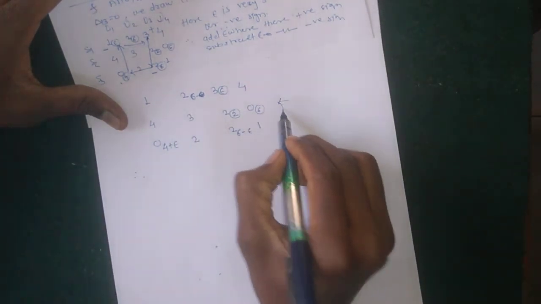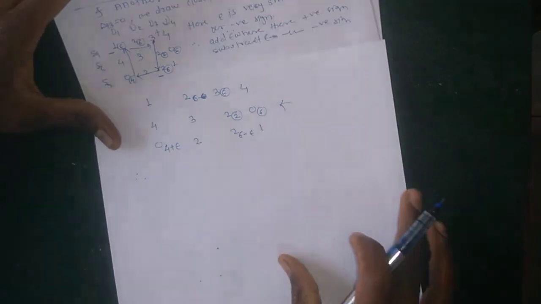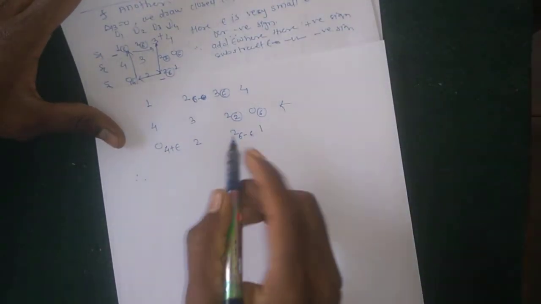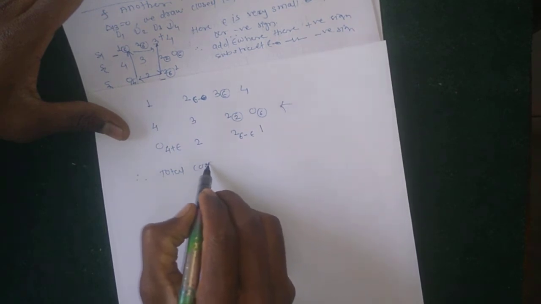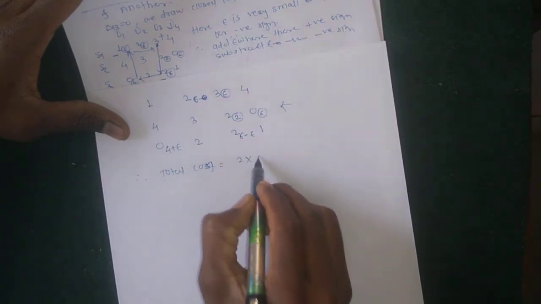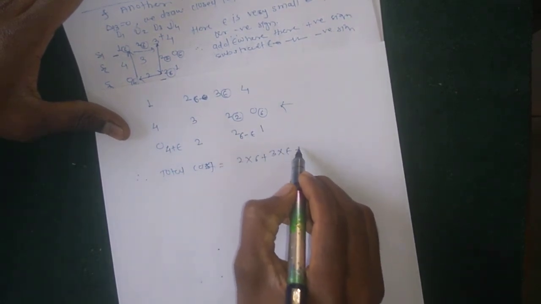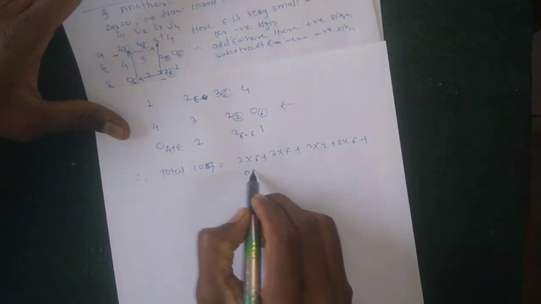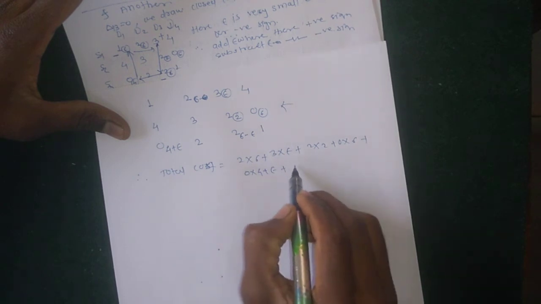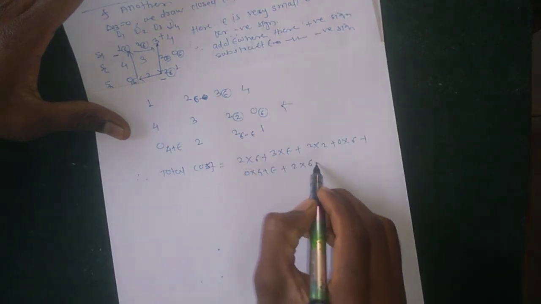This is one of the alternative solutions, so the total cost is 2 into 6 plus 3 into epsilon plus 2 into 2 plus 0 into 6 plus 0 into 4 plus epsilon plus 2 into 6 minus epsilon.